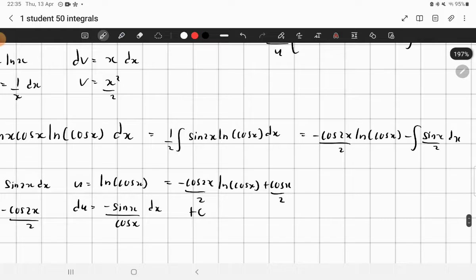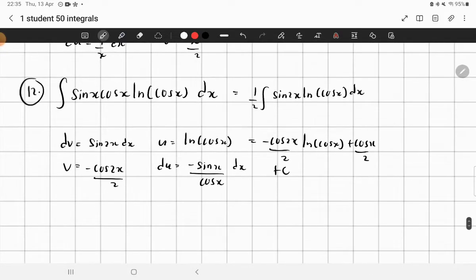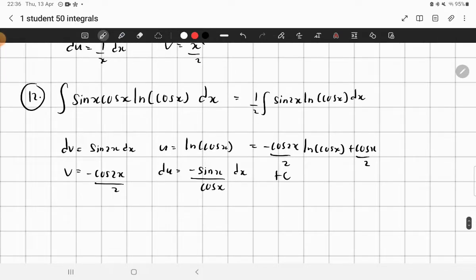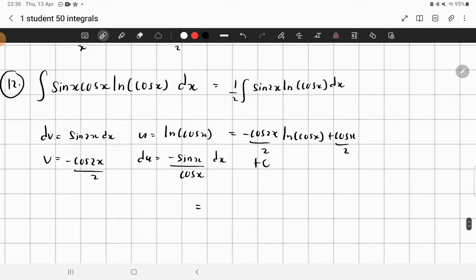So let me write it down. Let me write it downwards, make it visible for me. So this will be equal to negative cosine of 2x ln cosine of x over 2. And then this will be, okay, now I can see it. Here we know that the negative, I'm gonna bring out 1 over 2.